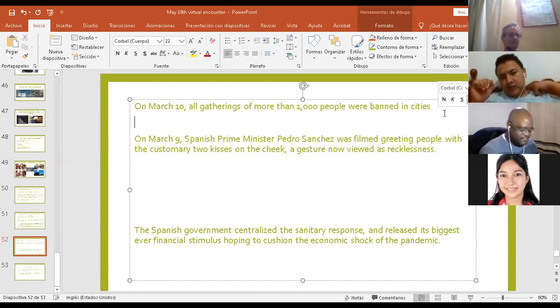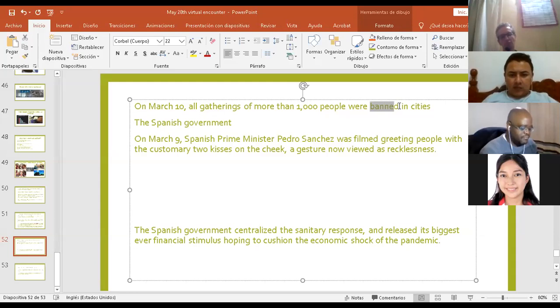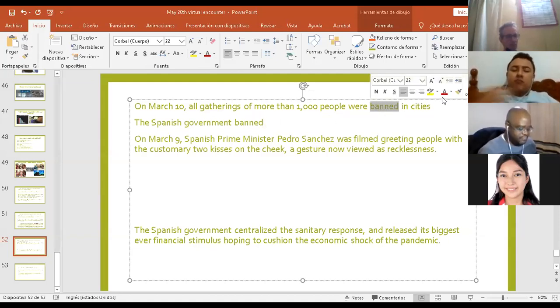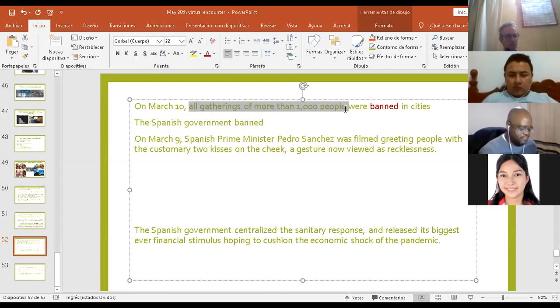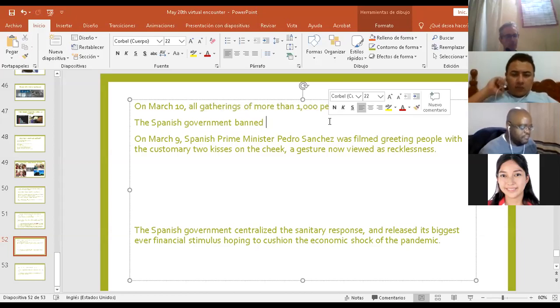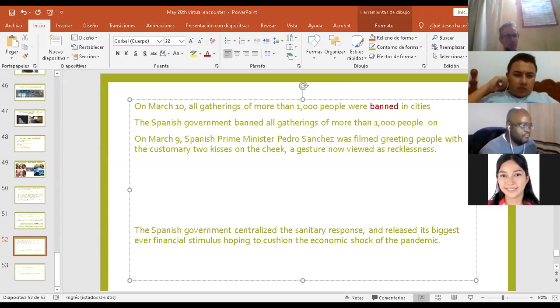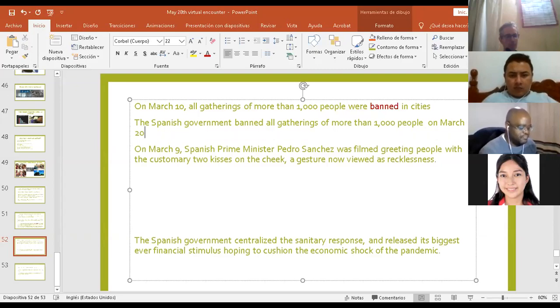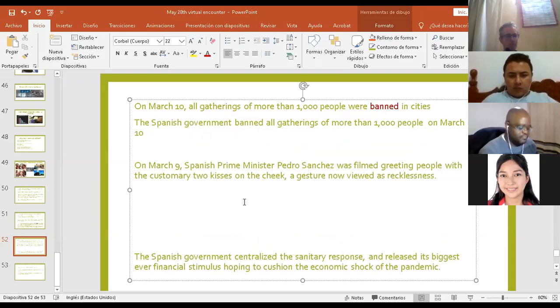Okay, the Spanish government banned all gatherings of more than 1,000 people on March 10th. Yes. Okay, good. Next sentence.